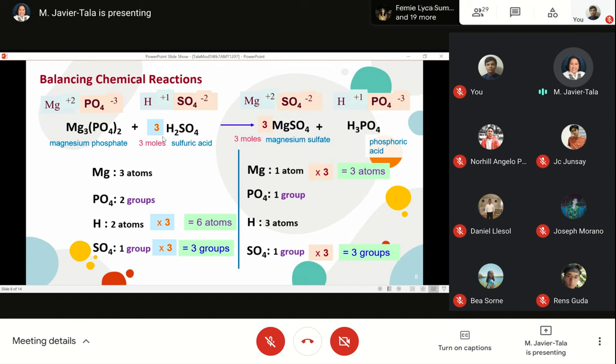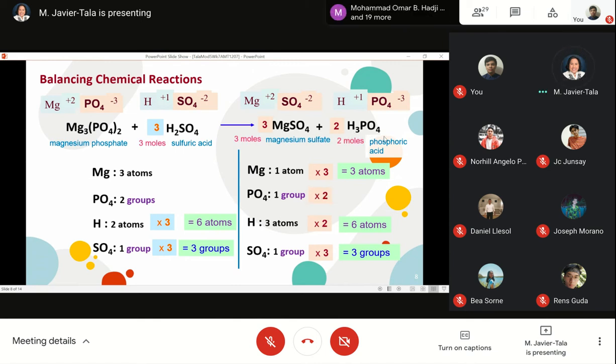On the product side, there are only 3 atoms of hydrogen, but on your reactant side, there are already 6. So to make it 6, we need to multiply it by 2. The 2, we use as a coefficient in front of your phosphoric acid. But when you put it in front of phosphoric acid, it will affect the number of phosphate groups.